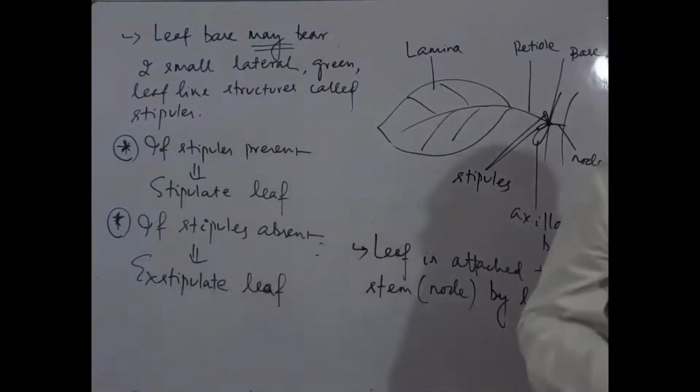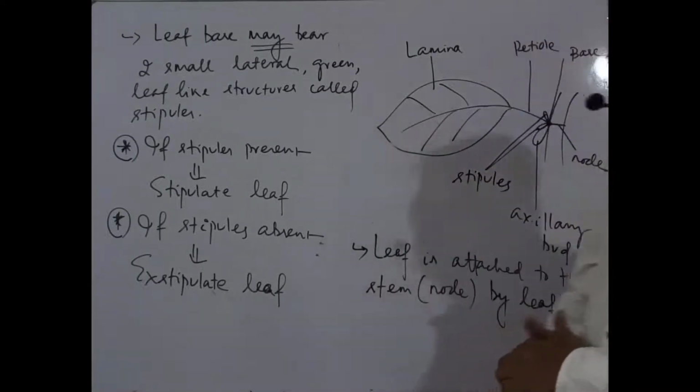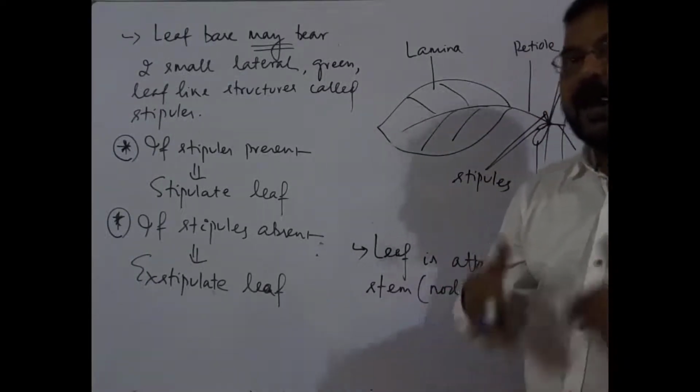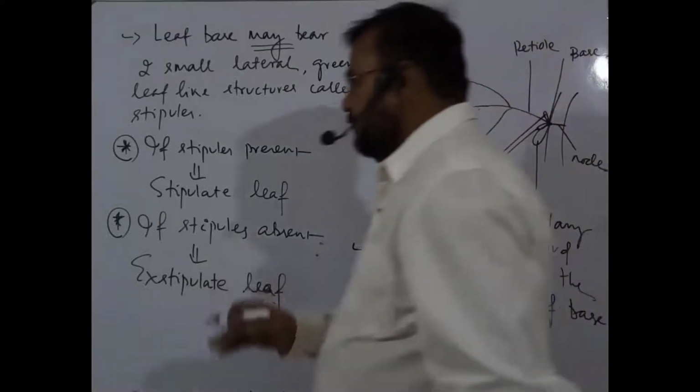If stipules present, then leaf को बोलते हैं stipulate leaf. If stipules absent, then that leaf is called exstipulate leaf.